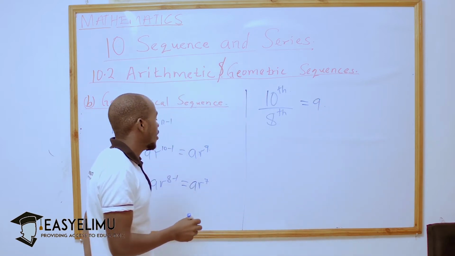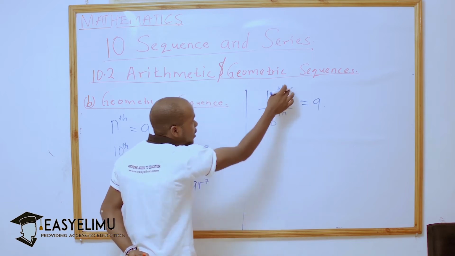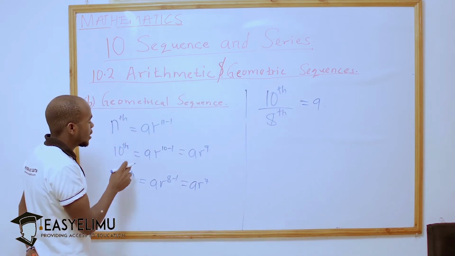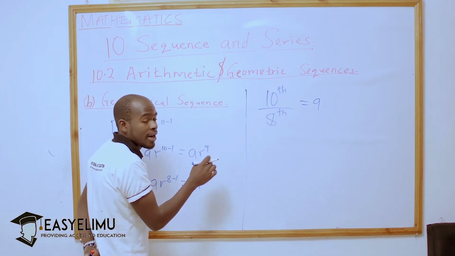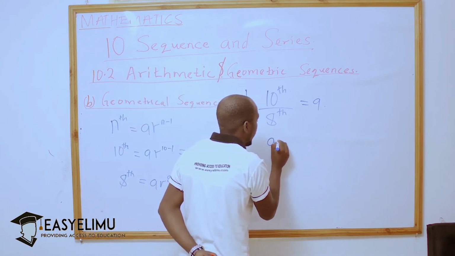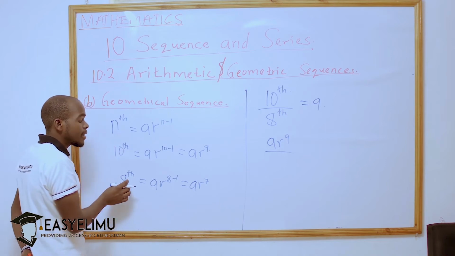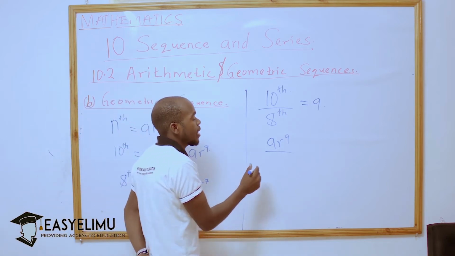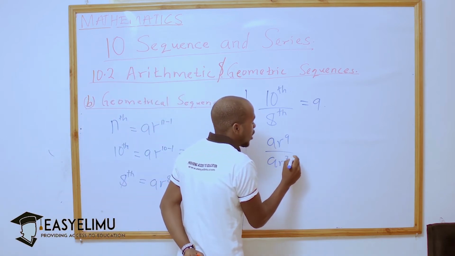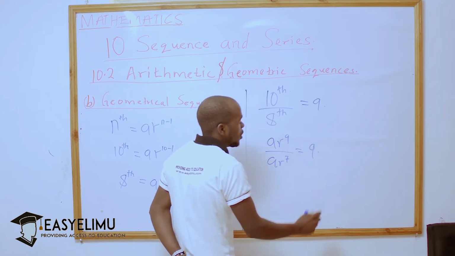So meaning that if you take the 10th term, and that is ar^9, over the 8th term, and the 8th term here is ar^7, it is going to give you 9.